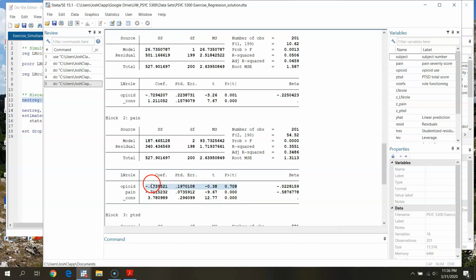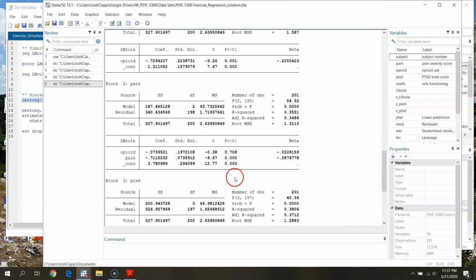Very little evidence that this has any sort of unique effect. So whatever portion of opiate use was predicting variability in our outcome, it looks like almost all of that was shared with self-reported pain severity. Once we put self-reported pain severity in, it is accounting for variability above and beyond opiate use. And so opiate use no longer brings anything new to the party. It gets washed out, but pain here is having a very clear effect.